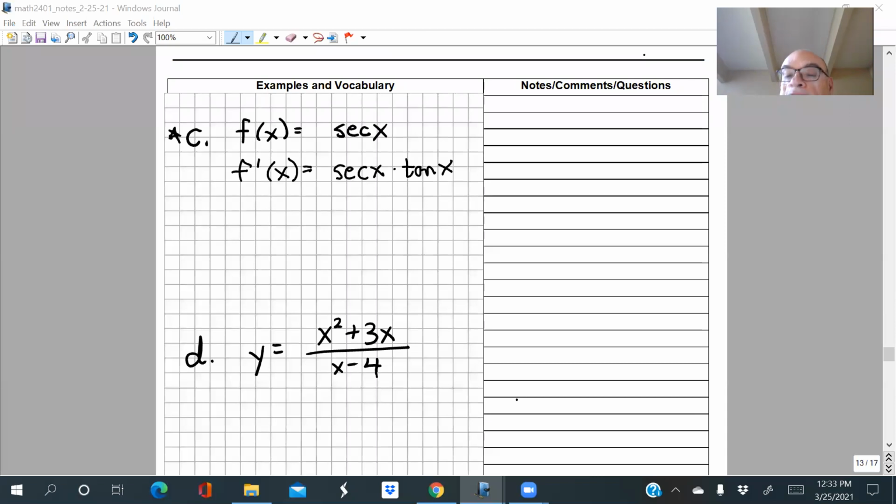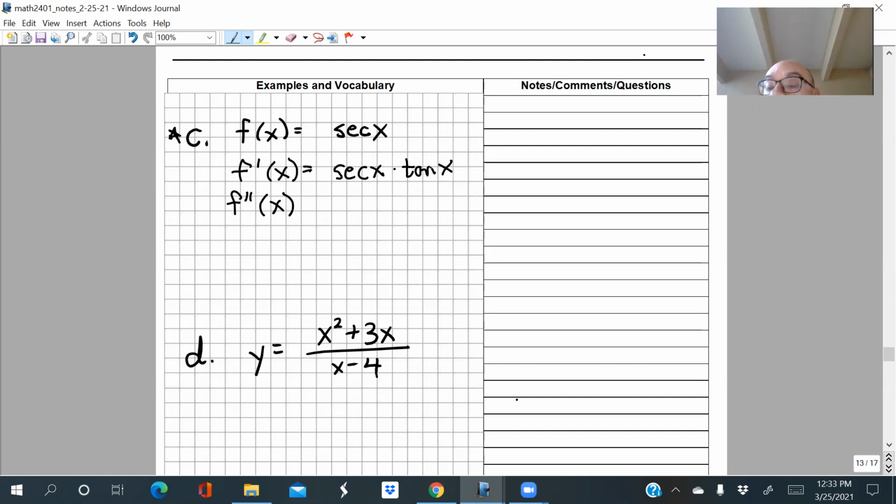We had already written down the first derivative, because that's just the derivative of one of the trig functions, and we want to memorize those derivatives. So the derivative of the secant is secant tangent, but now the trickier part is to determine what is the second derivative. In other words, what is the derivative of secant times tangent?